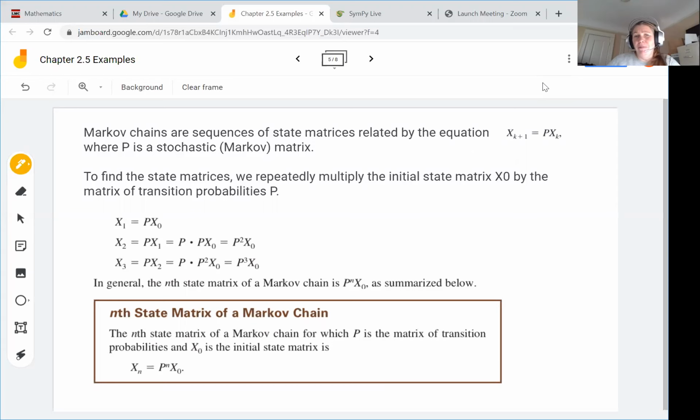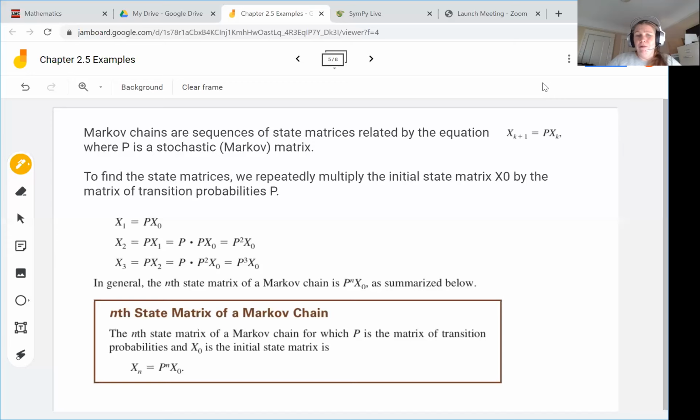So to find the state matrices, recall that we are repeatedly multiplying the initial state matrix x sub 0 by the matrix of transition probabilities P. So the first state matrix x1 is P times x naught. The second state matrix x2 is P times x1, which is just P times P times x naught, or P squared times x naught, and so on.